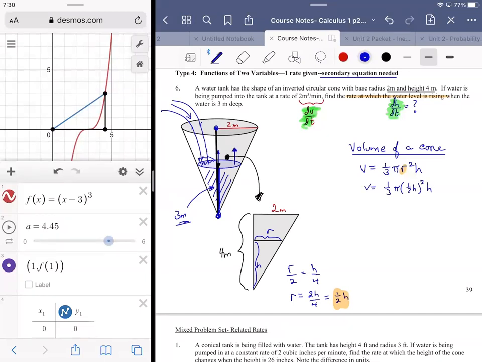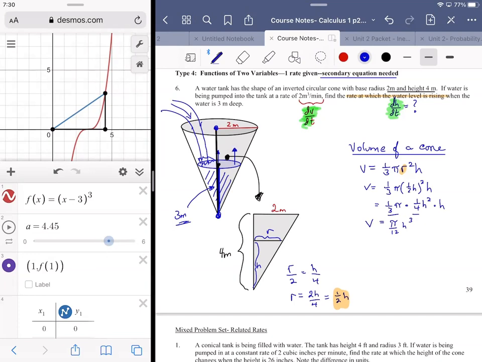Little simplifying goes a long way. So 1/3 pi times 1/4 h squared times h. We put our constant multiples together: pi over 12 h cubed. All right, much simpler formula.